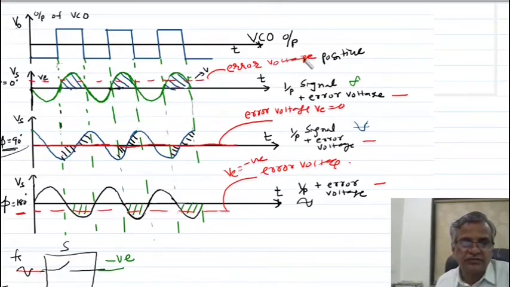The filter gives the error signal, and its average value is this. That average is shown here.